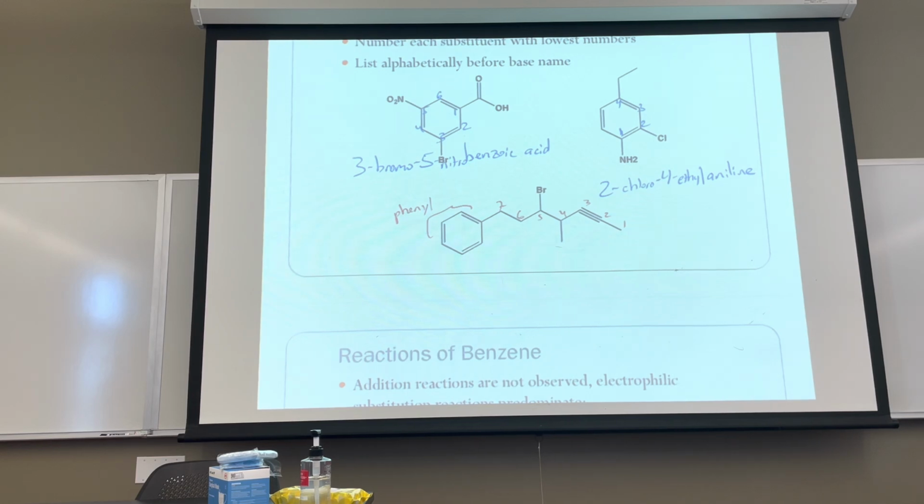So we would end up, just like normal, arranging the substituents alphabetically. So that would be what, 5-bromo, 4-methyl, 7-phenyl, hept-2-yne.